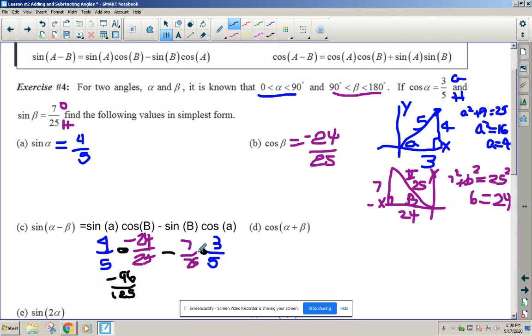And when I multiply this, I get negative 21/125. And so this final answer for part C is negative 117/125.